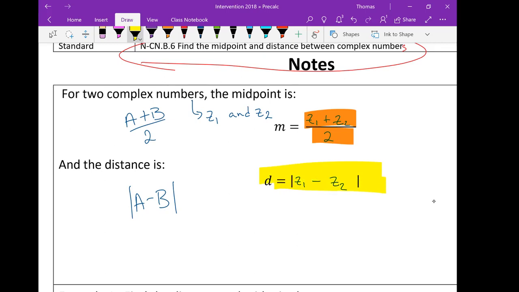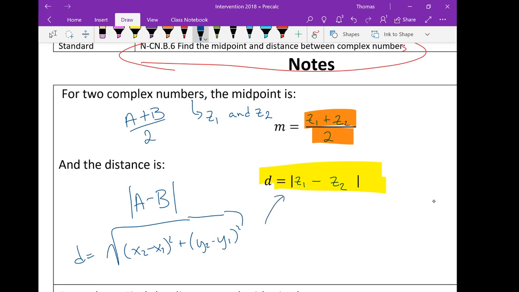They give us the same math that we'd be doing with our normal distance formula, like x2 minus x1 squared plus y2 minus y1 squared. That's our standard distance formula for coordinates. But because complex numbers already have the real and imaginary parts separate, we can just do these with subtraction and modulus instead of a whole formula like that.